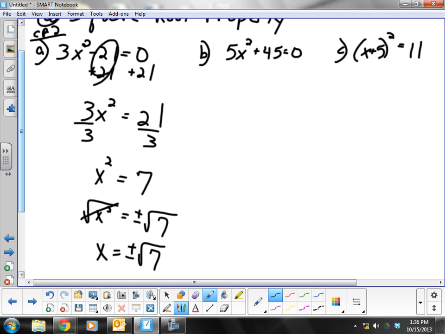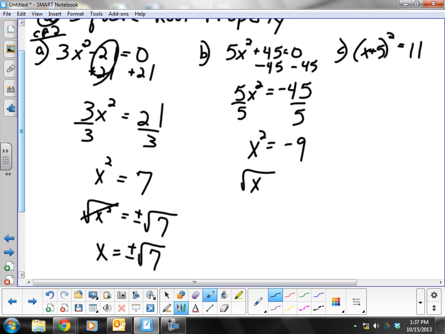Now on the next one, I'm going to start out by subtracting 45 from both sides. So I get 5x squared is equal to a negative 45. And then what do I need to do? Divide by 5. So x squared is equal to negative 9. Now I need to take the square root of both sides.